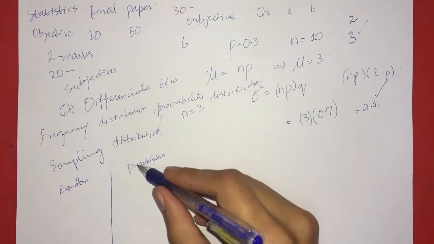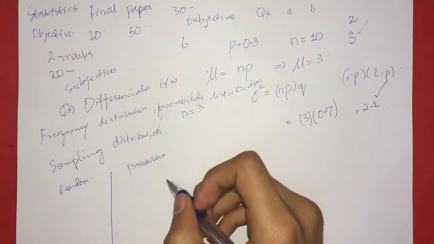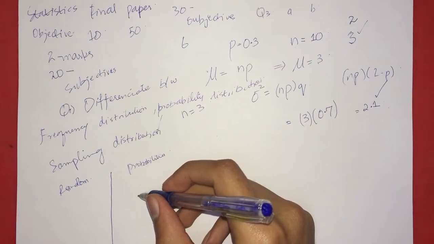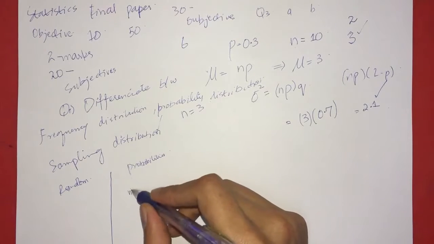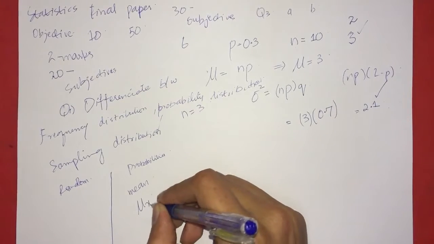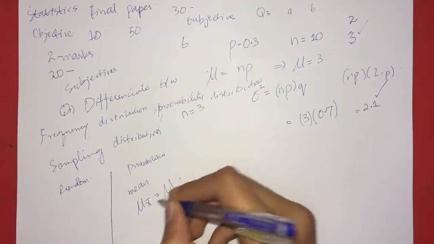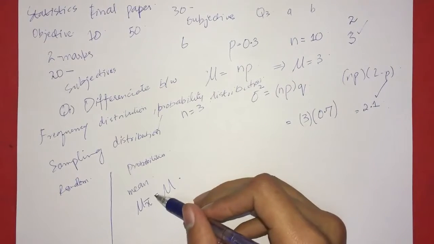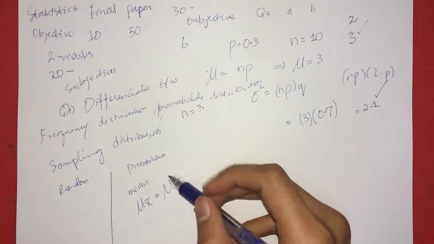So in a frequency distribution, for example, if you want to find it for the mean, you have the formula mu of x bar equals mu. That means when you perform the sampling distribution of the mean, you get the exact same mean as the population.